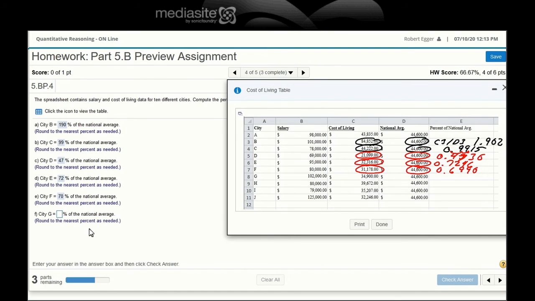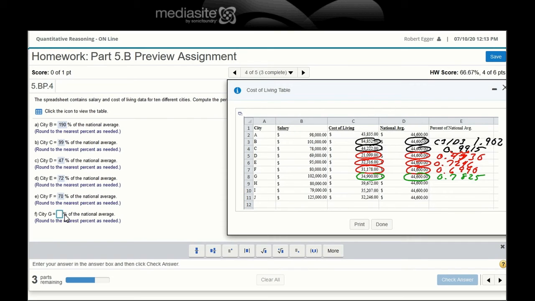G. Cost of living over national average. 0.7825, round to the nearest percentage, 78%.